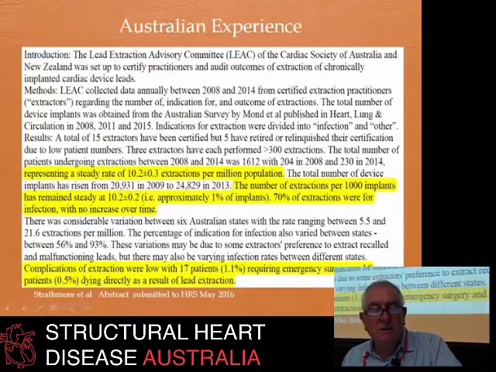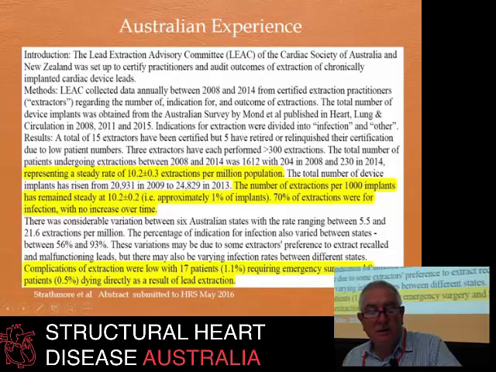The results, when they were summarised, basically show that there's been a steady state extraction rate in Australia since 2008. The number of extractions per 1,000 implants has remained steady at about 10, and for 70% of patients the indication was infection.